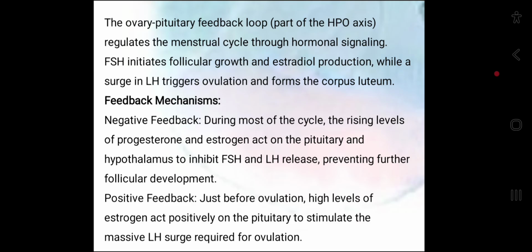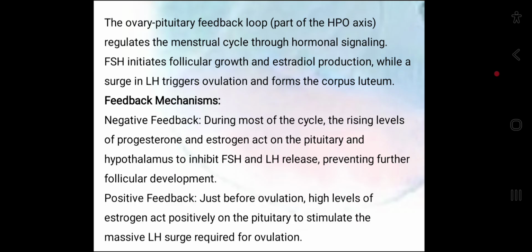This feedback loop regulates the menstrual cycle through hormonal signaling, in which FSH initiates follicular growth and estradiol production, while LH triggers ovulation and forms the corpus luteum from the remaining theca and granulosa cells of that follicle. The corpus luteum in turn will produce progesterone hormone. So, the estradiol and progesterone produced will regulate the ovarian pituitary feedback loop.